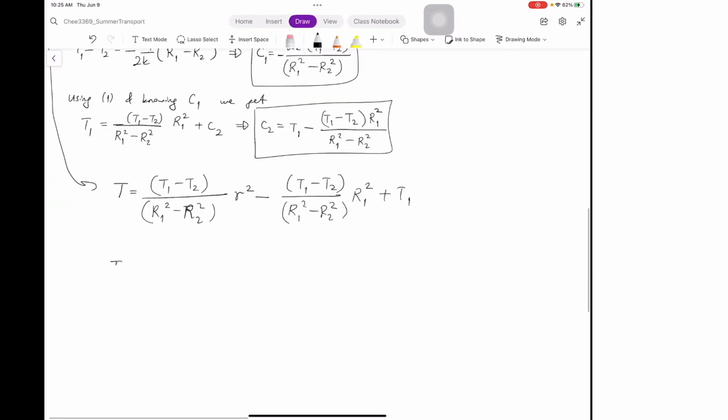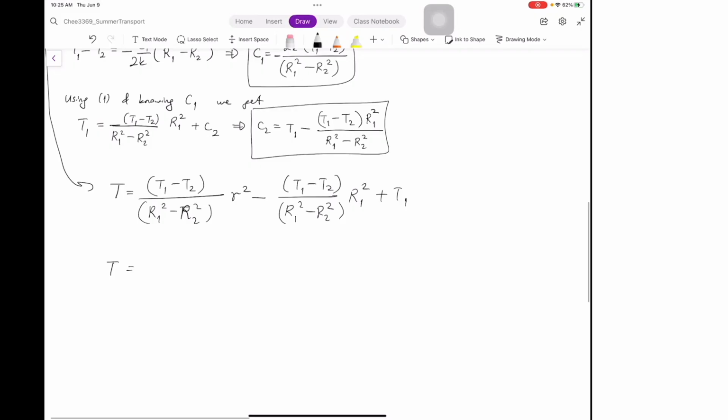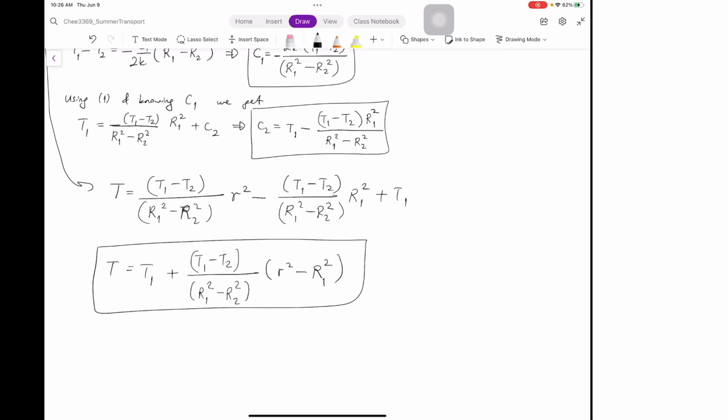Rearranging gives T is equal to T1 plus T1 minus T2 divided by R1 squared minus R2 squared, in parentheses R squared minus R1 squared. So that's your equation.